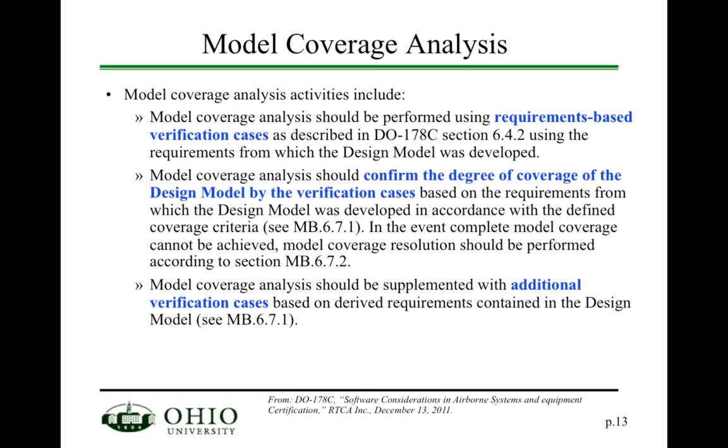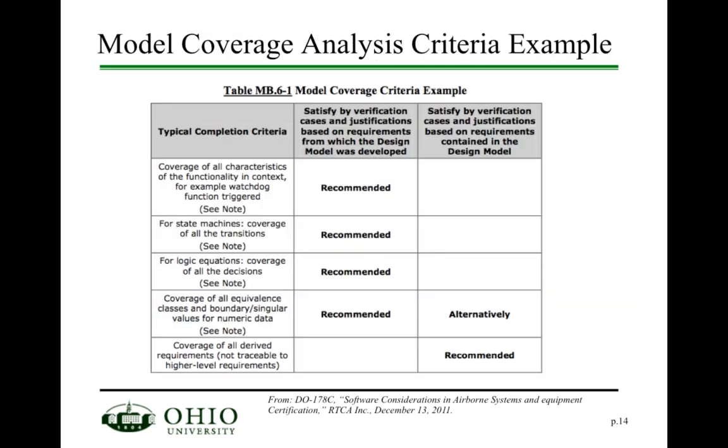And then if there are derived requirements, additional functionality that's not covered by all these test cases that you developed for the earlier requirements, then you need to add or supplement additional verification cases. So basically, you have derived requirements within your design model for which you need to add verification cases, test cases, for example. And for that you can use all kinds of tables such as the one that's shown here, which is taken directly from DO178C.